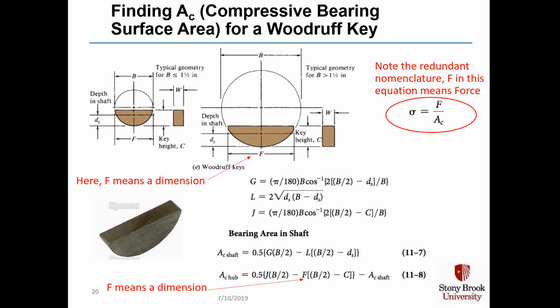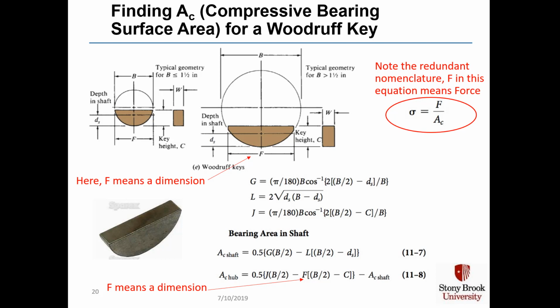In order to find the maximum torque transmitted by a Woodruff key with regards to compressive forces, we need to find A sub c, the compressive bearing surface area for a Woodruff key. And the equations to do this are even more complex than what we had in the prior slide. The compressive stress sigma equals the force divided by A sub c.